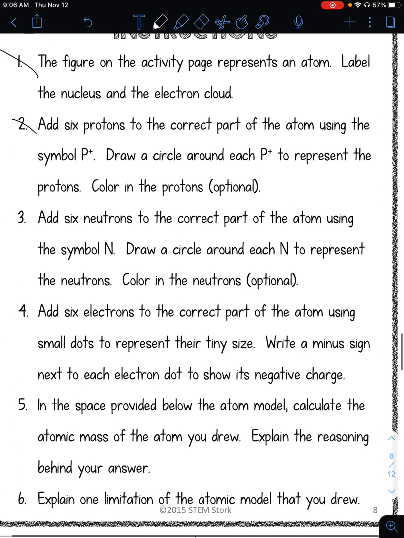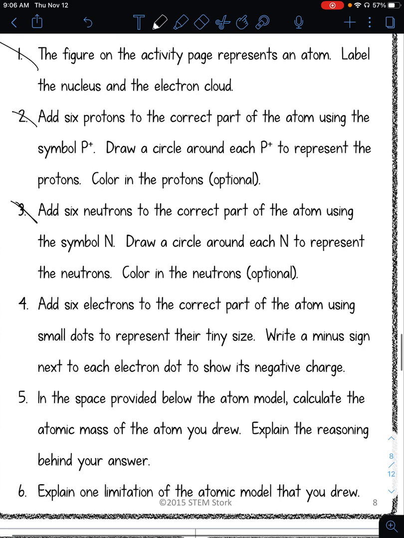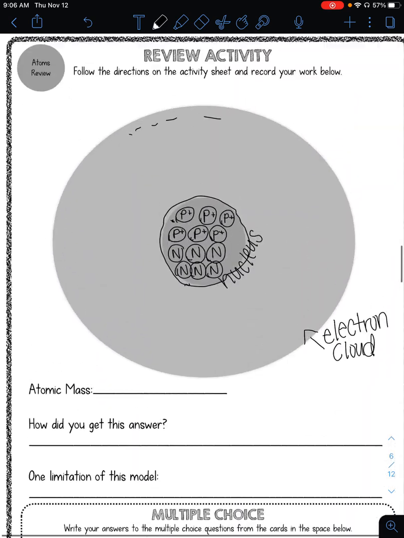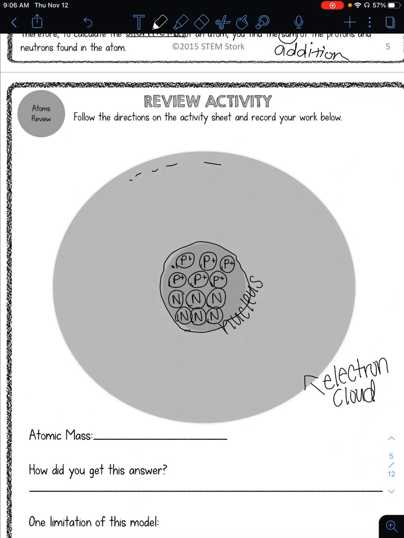Okay, I did that. So what does it ask us? Number 4, add 6 electrons to the correct part of the atom using small dots to represent their tiny size. Write a minus sign next to each electron dot to show its negative charge. I need to add 6 tiny dots.